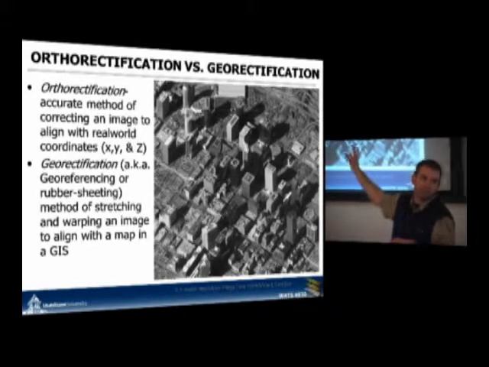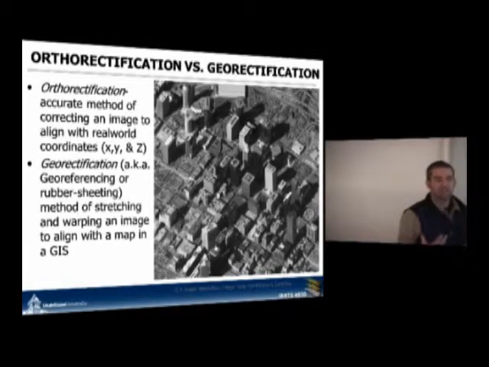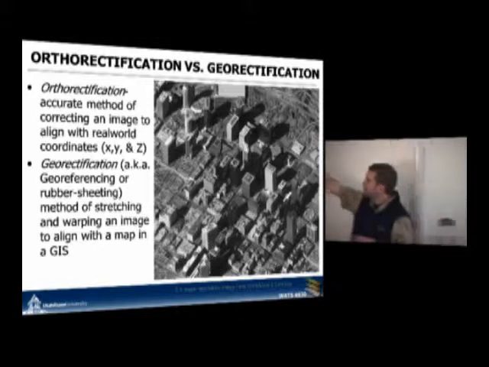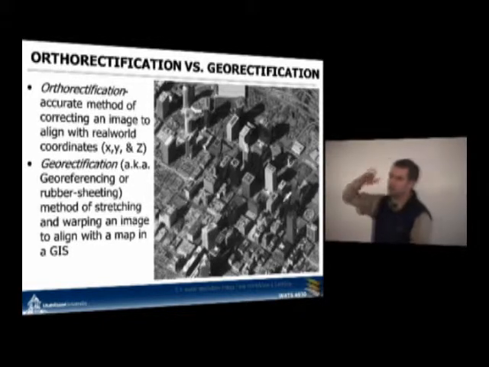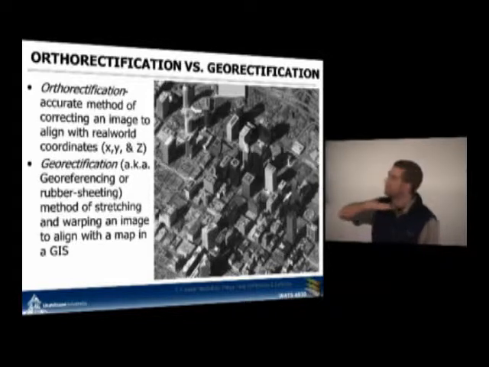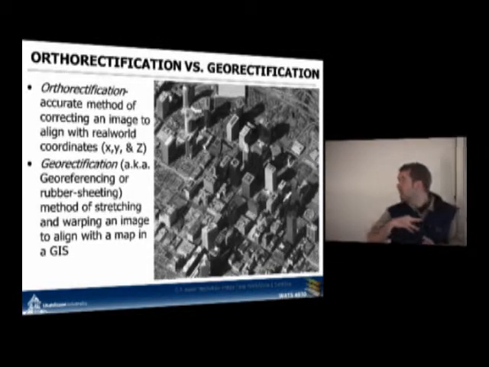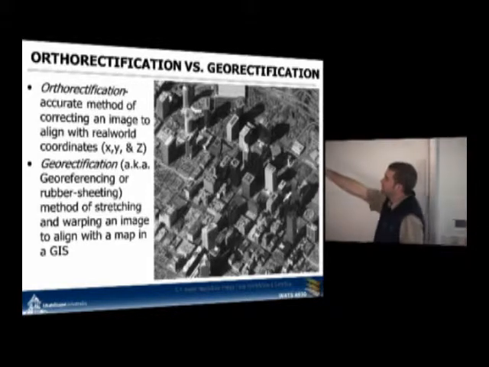Orthorectification is a more sophisticated method of doing the same thing. Orthorectification actually looks at the vertical values. You have to have an elevation model as well. And then as part of the processing, it's deriving another independent elevation model from that.